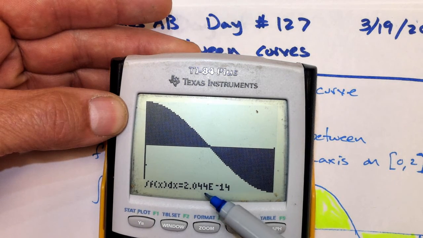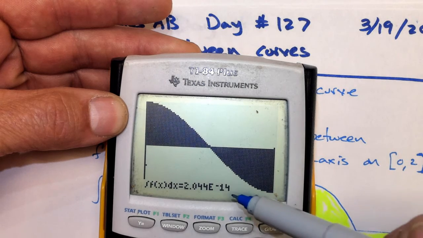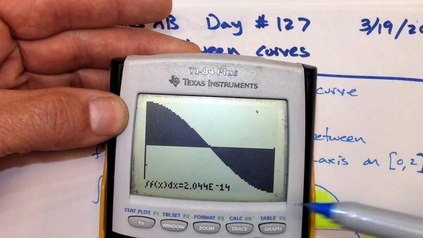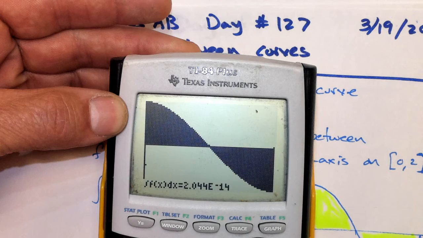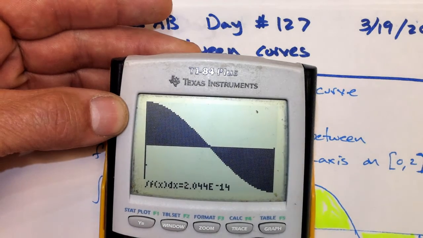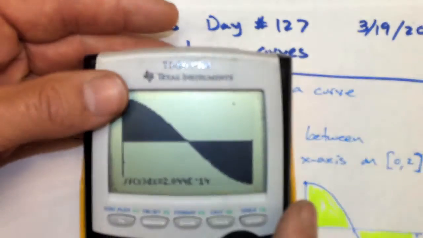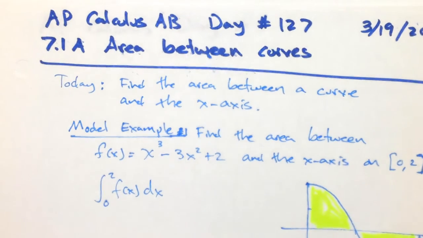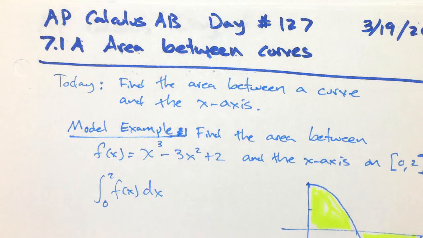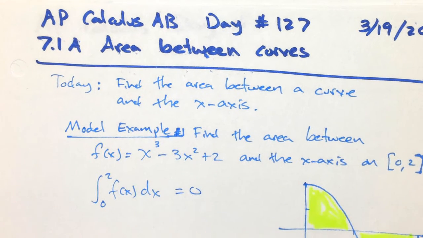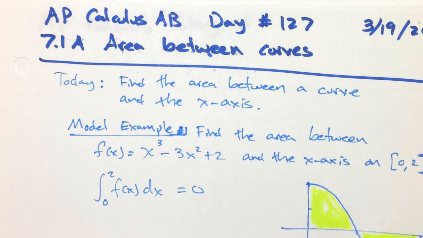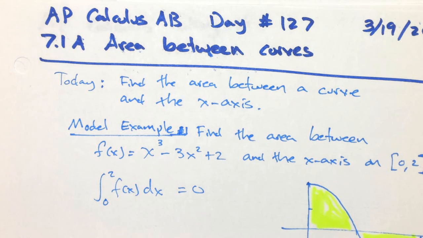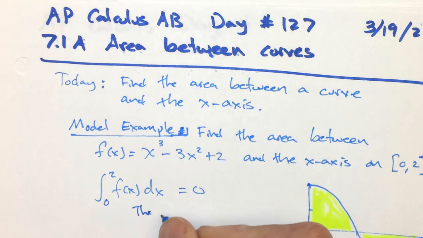That's actually the calculator's way of saying it's close to 0, with a small error. So it's basically 0. Those two areas are equal, and so the sum is calculated as 0. It counts that as positive and that as negative. We don't want that. That equals 0. It's not the area between the curves. That's the definite integral. We call this the definite integral.